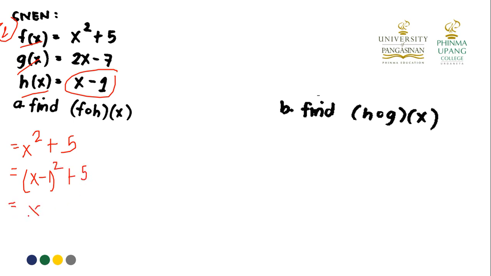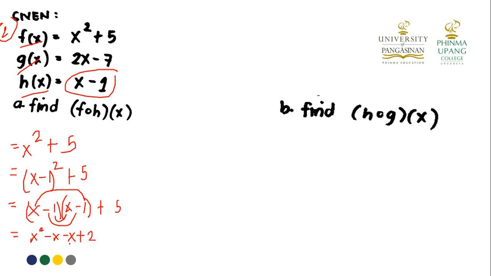Compute natin, expand natin yung x minus 1 tapos plus 5. So, gamit tayo ng FOIL method. If we're going to conduct FOIL method here, the answer here is x squared, tapos negative x plus positive 2.